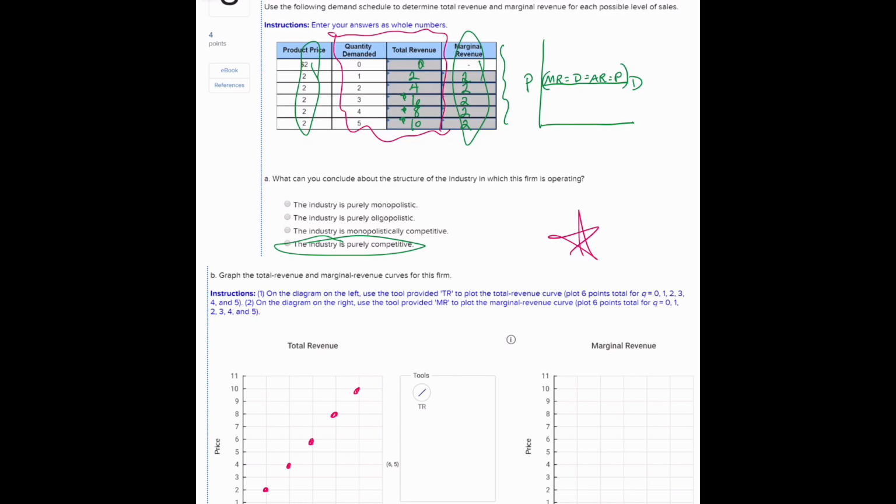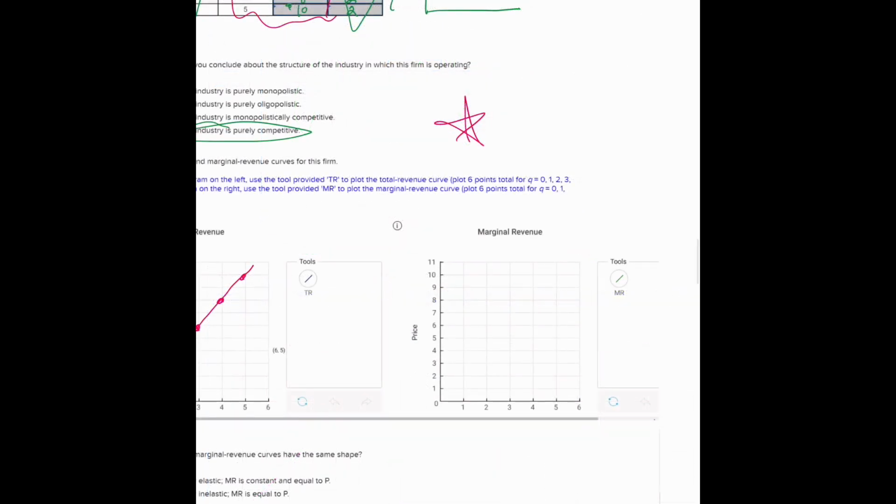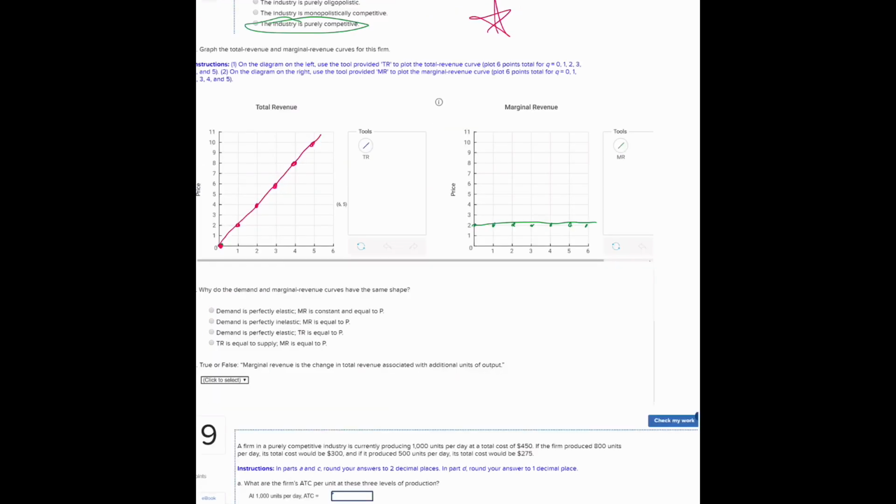So our total revenue curve, pretty easy to see there. Marginal revenue is going to be equally easy. To graph the marginal revenue, you're just going to put in that straight line at $2 because it doesn't change. So this one, constant, pretty easy to see. So there's your graphing of these two, pretty straightforward, pretty easy to do.